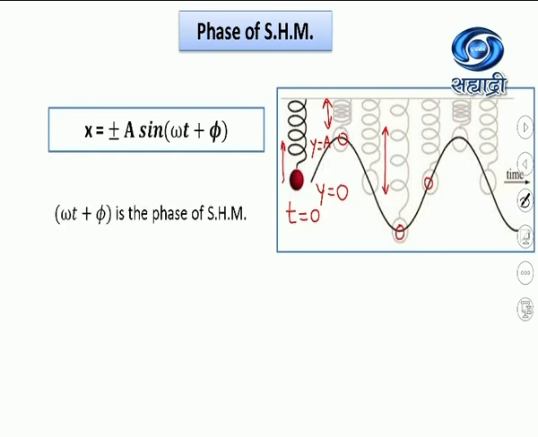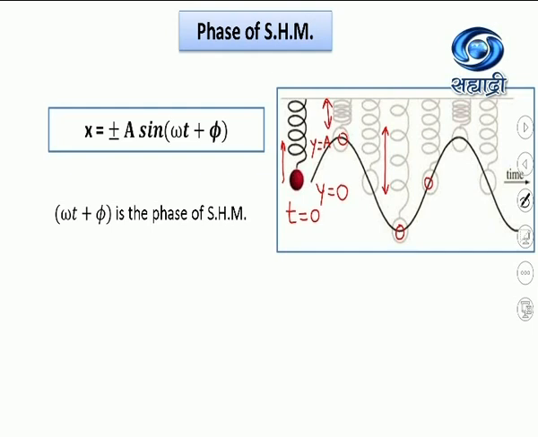And here the bracketed term in this expression represents the phase of SHM. This is nothing but an angle, and this angle decides the position of a particle performing linear SHM at a given instant of time.